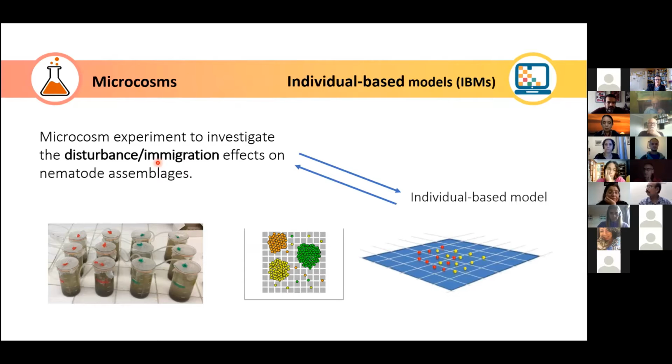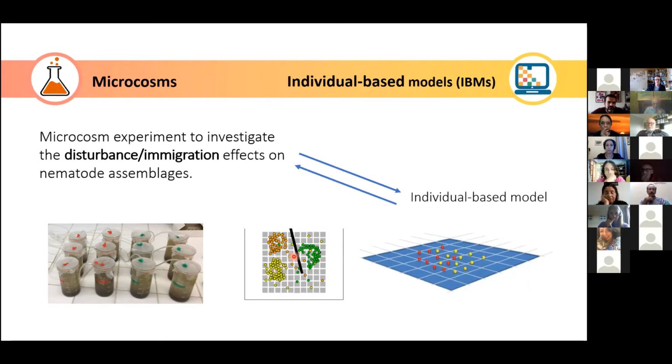The microcosm experiment was designed to test the effect of disturbance and immigration on nematode assemblages. Disturbance and immigration are key factors driving the structure of communities. Disturbance is the major cause of extinction of low-density species, acting as a deterministic driver.